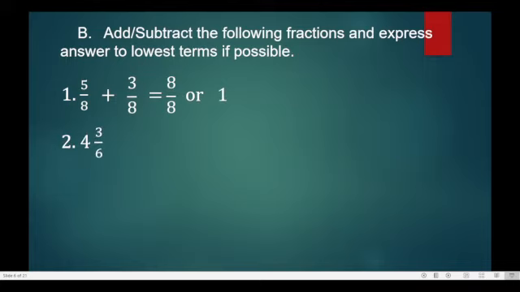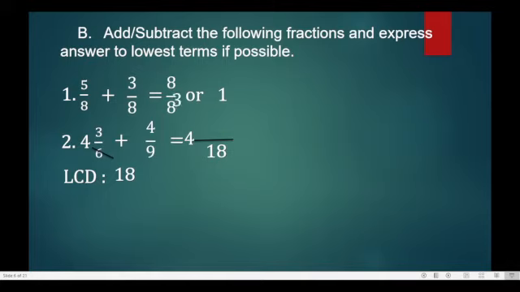And then you have 4 and 3/6 plus 4/9. They are dissimilar fractions. Get the LCD, and the LCD is 18. And 18 is our new denominator. So 18 divided by 6 is 3, copy the whole number, which is 4.